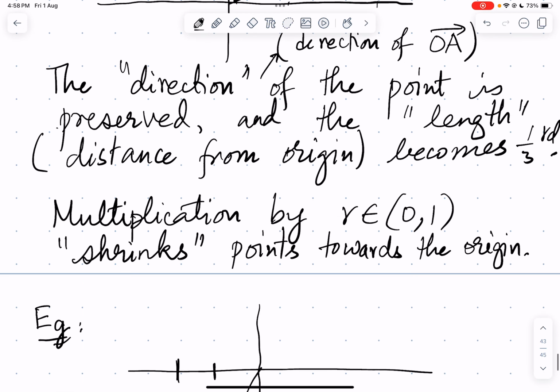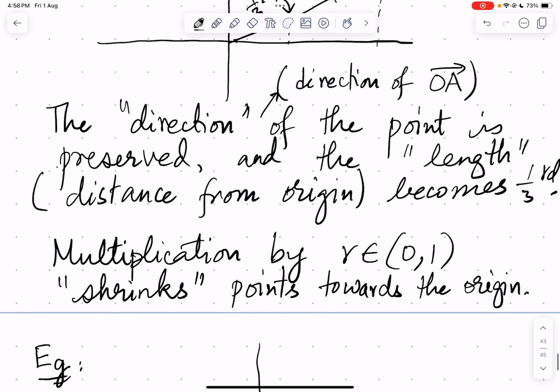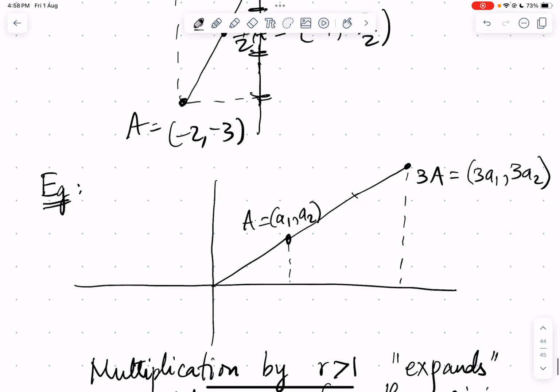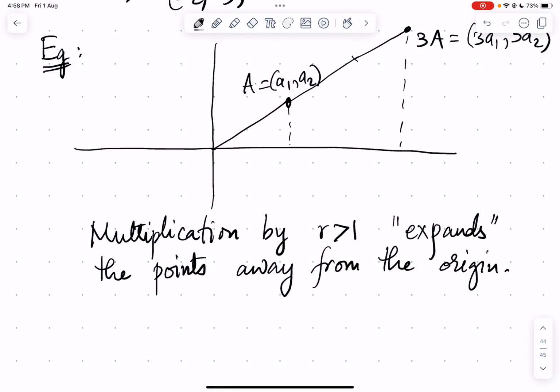So multiplication by a real number between 0 and 1 shrinks any point towards the origin, and multiplication by a real number greater than 1 expands or pushes the points away from the origin.